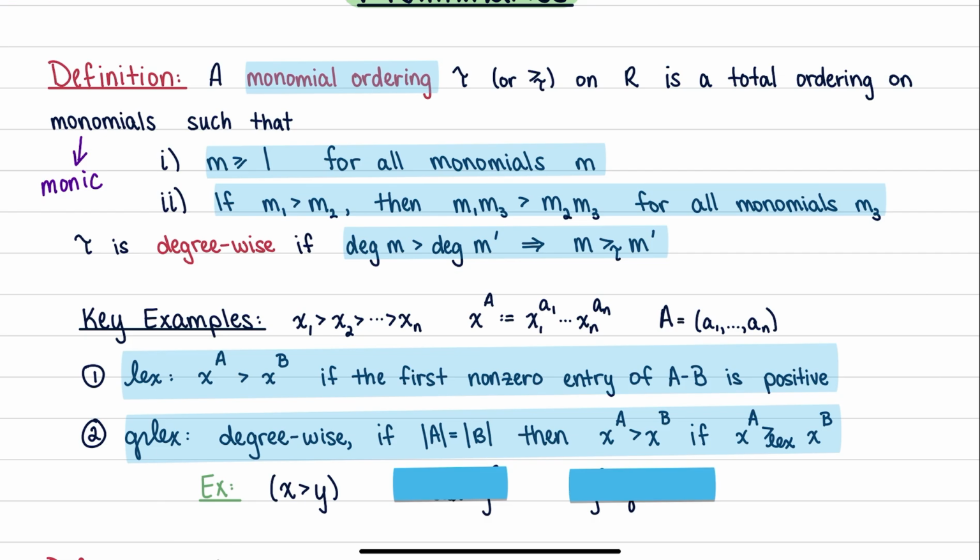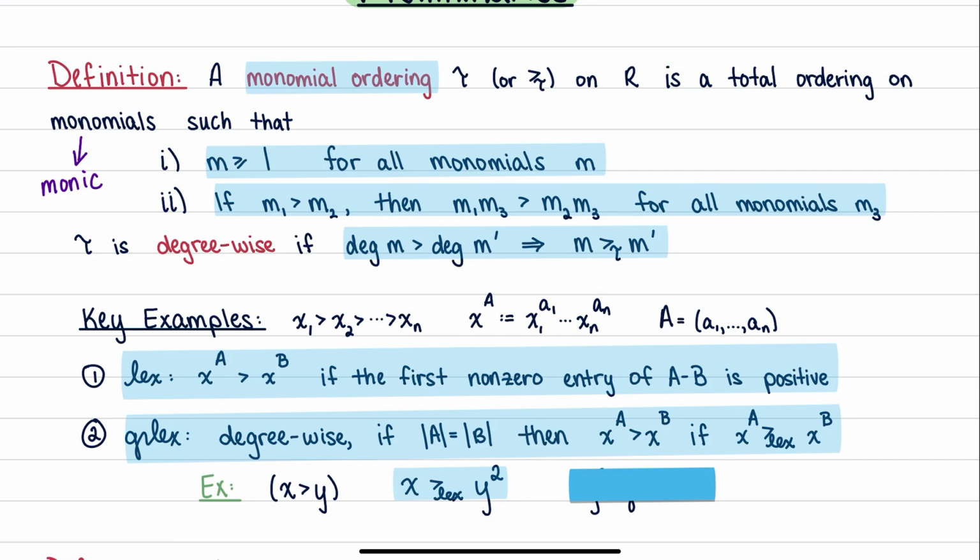So to illustrate the difference between these two orderings, let's look at the two variable case where x is larger than y. And in this case, if I'm using the lex order, the monomial x is larger than the monomial y squared because the largest variable that appears in either one is x, and the monomial x has more of those.